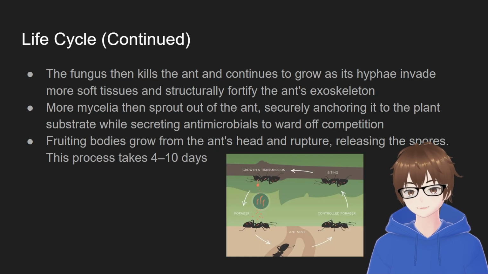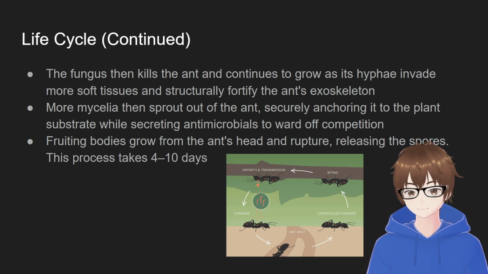So, the fungus then kills the ant and continues to grow its hyphae, invading its soft tissues and stuff inside of the ant. And then it structurally fortifies the ant's exoskeleton. So, it will grow on the ant, grow through the exoskeleton, into the soft tissues, and then make the exoskeleton more strong.